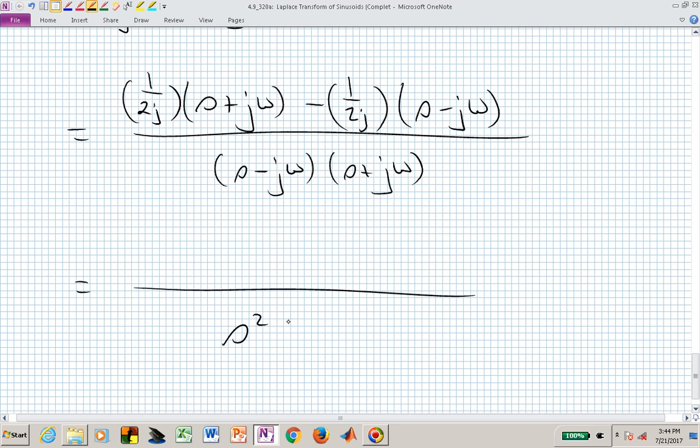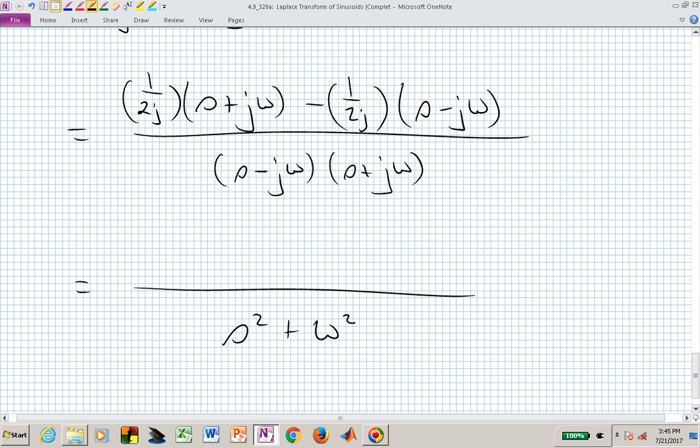Again, the denominator is the same as what we had before, so whenever we have a sinusoid with a frequency of omega in sine omega t or cosine omega t, the denominator in the Laplace transform will always be s squared plus omega squared. If you found the values of s that cause that to vanish, they will be at plus and minus j omega.